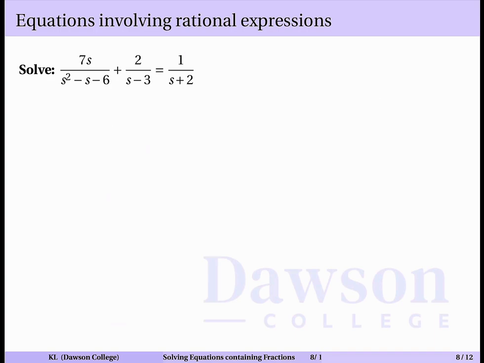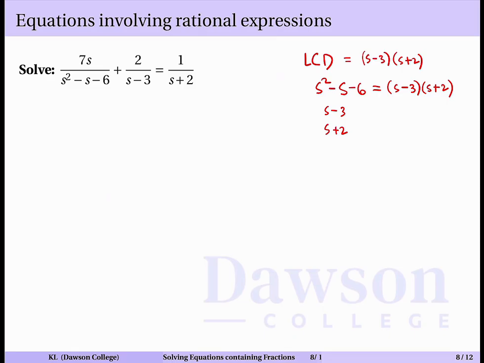We got the denominators s squared minus s minus 6, but this is factored into (s minus 3)(s plus 2). The other denominators are precisely these factors, s minus 3 and s plus 2. So in here, the LCD is (s minus 3)(s plus 2).